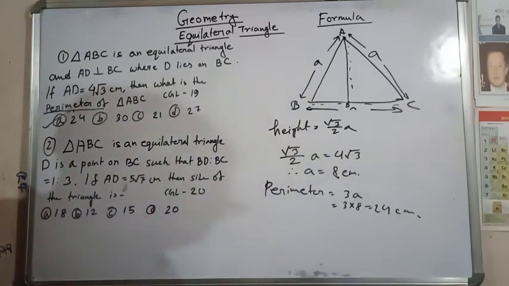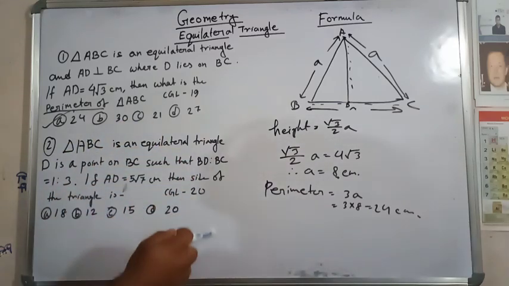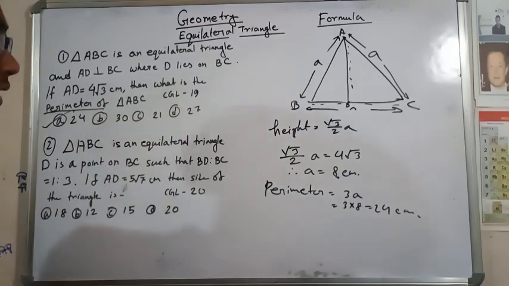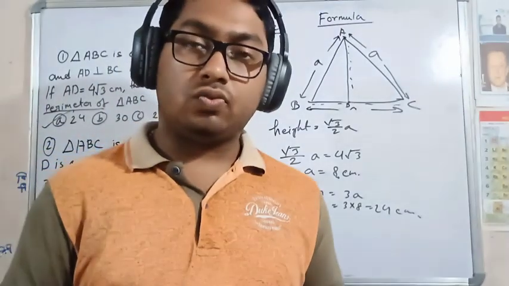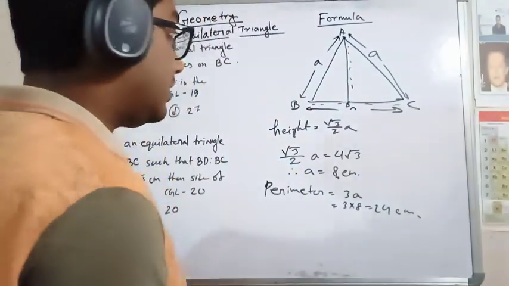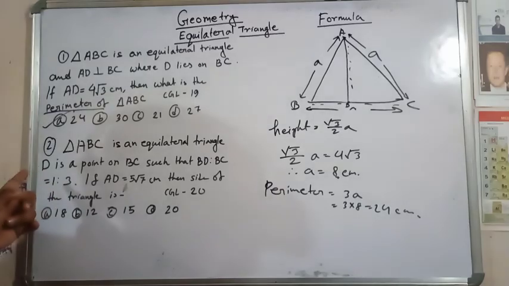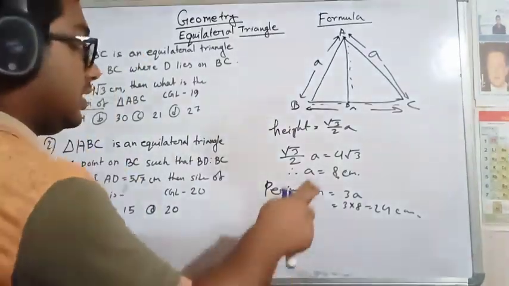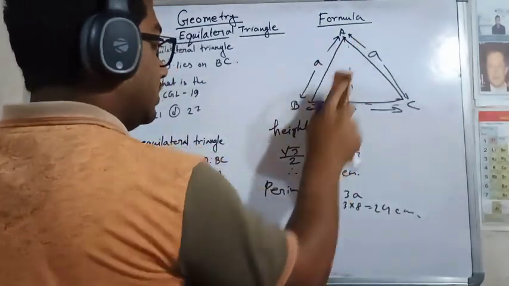So here you must notice that BD to BC is 1 is to 3. We know that here it is not mentioned that AD is perpendicular to BC.